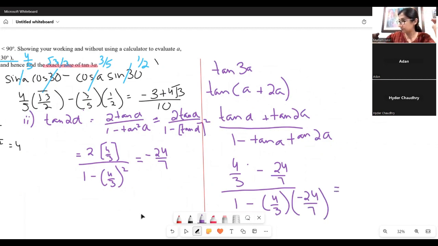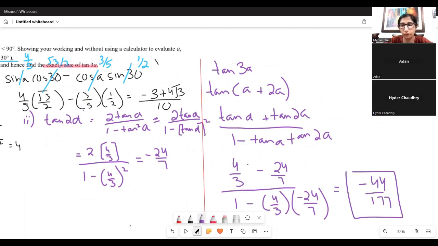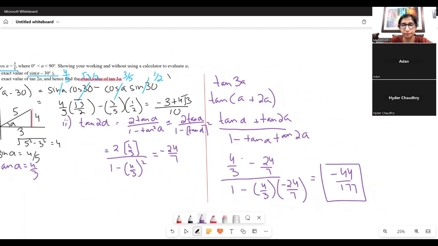And this collectively would give us minus 44 over 117, which is the final answer for tan 3A. It is the exact value of tan 3A. Okay.